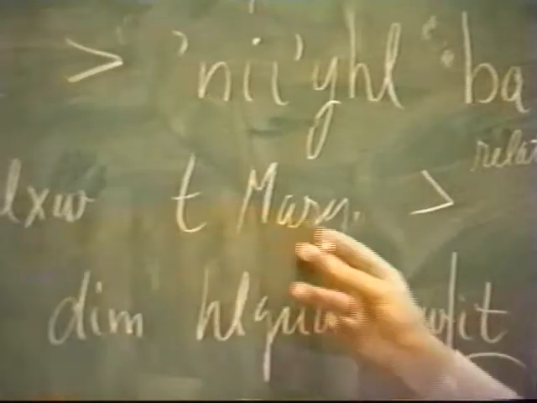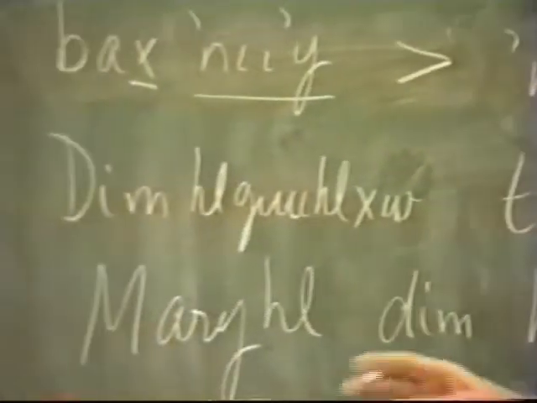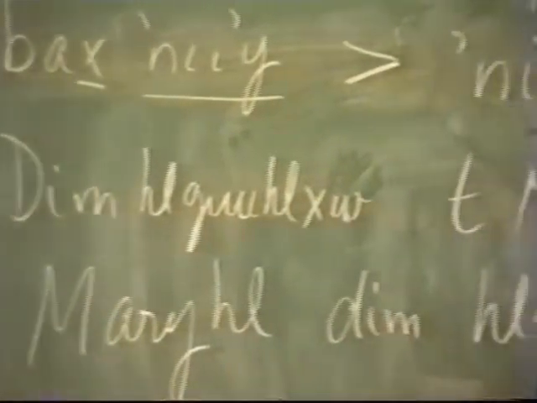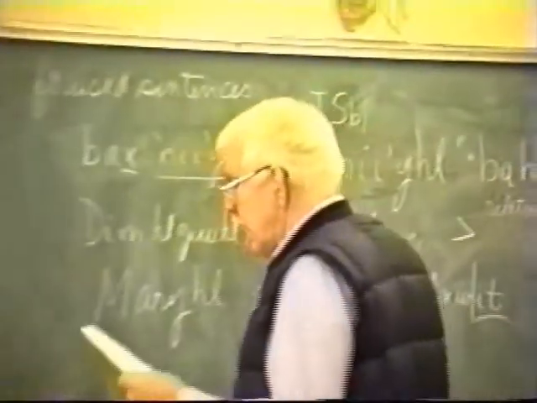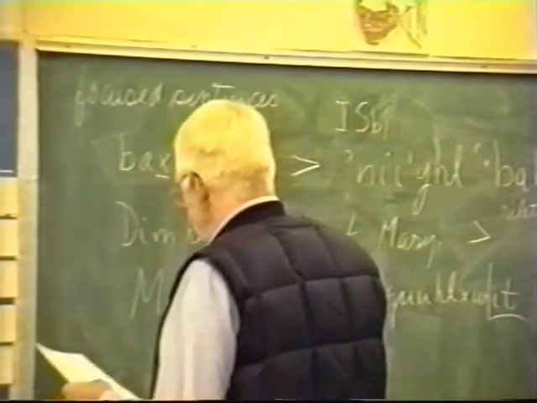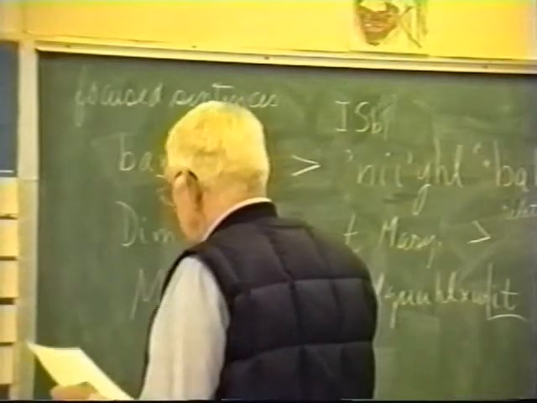So, dim scoot Mary, "Mary will have a child"; Mary dim scootwit, "Mary is the one who will have a child." See, we've focused on Mary there. Let me ask you about this one.